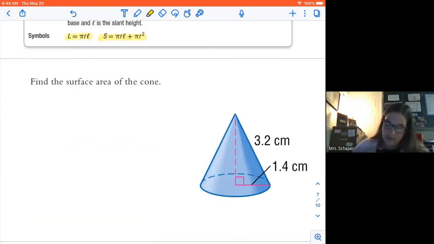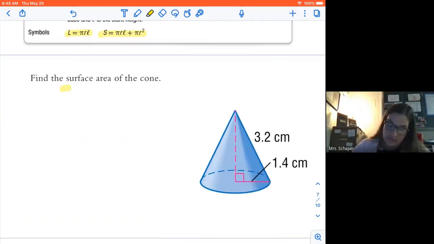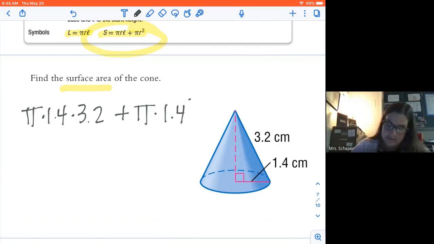So let's take a look here. For surface area, we're going to use this formula right there: pi times the radius times the slant height plus pi times the radius squared. So here we go.